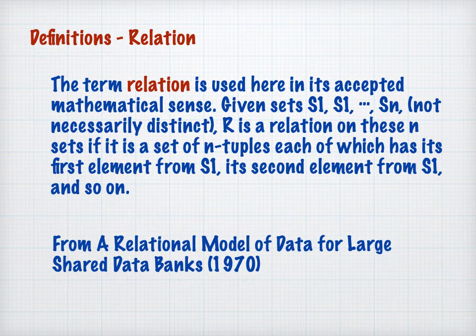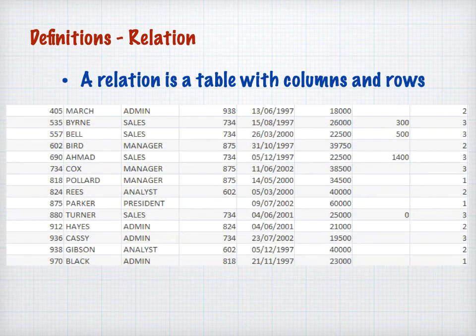Now, this isn't a mathematical or computer science course, so I'm going to make some generalizations just so you get a flavour of what it translates into. That's the formal definition of a relation, but you can visualize a relation very simply, in a classical form, as a table with rows and columns.